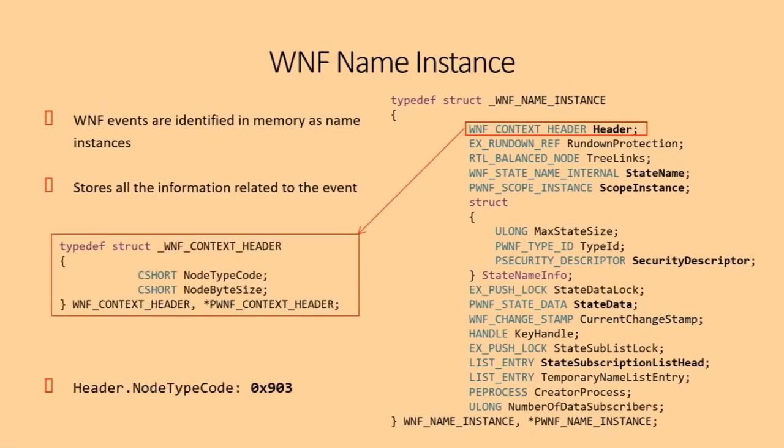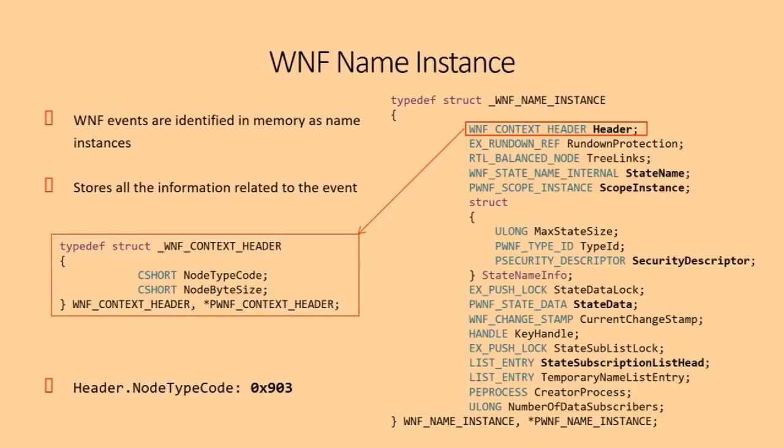You may notice that the first field of these structures is a tiny structure named the WNF context header. In fact, this structure gives information about the type of the structure and the size. And in fact, most of the WNF structures have these headers.